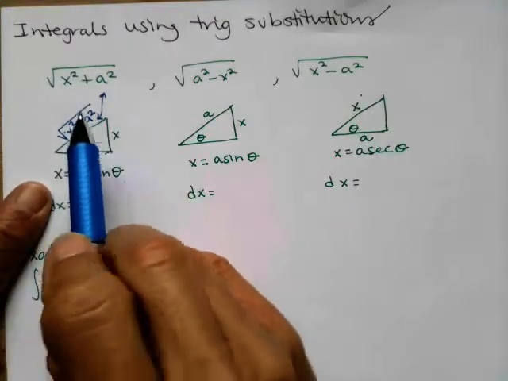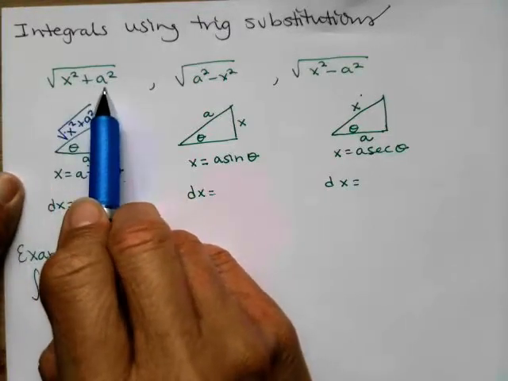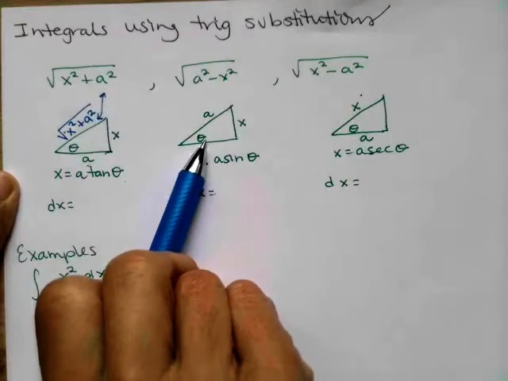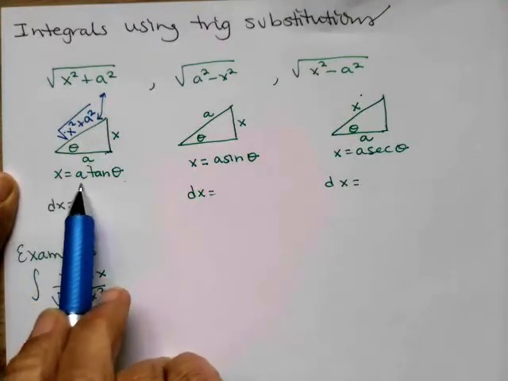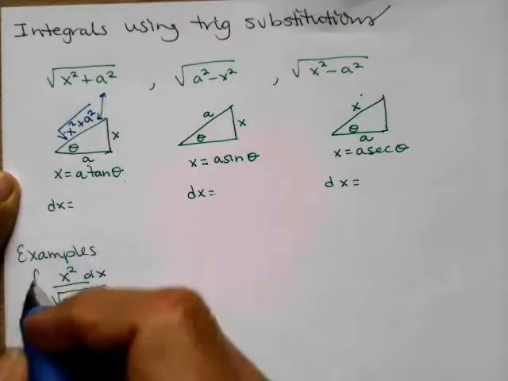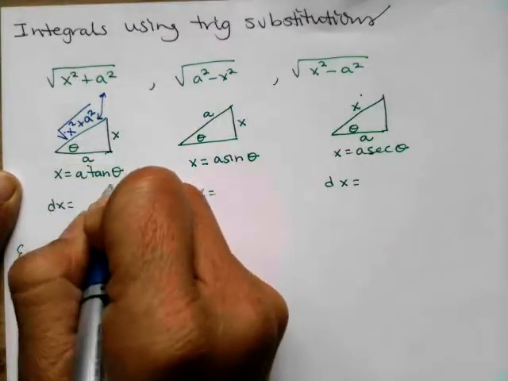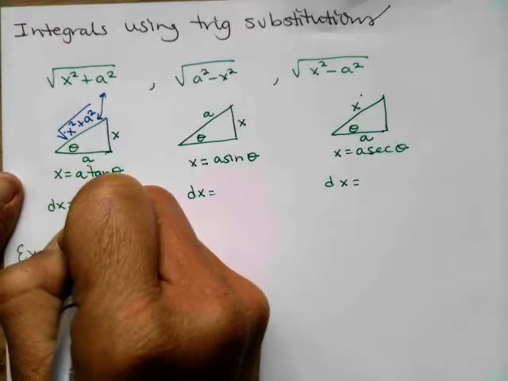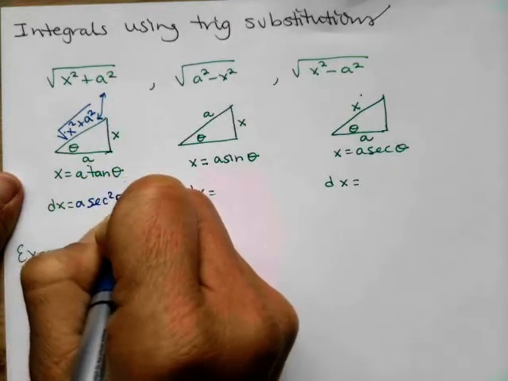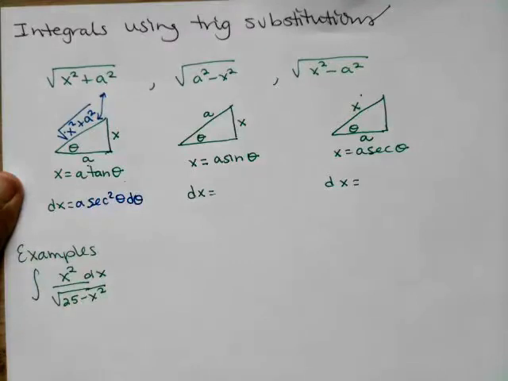Okay, so back here, if we see x squared plus a squared and we don't have something else nicer, we say, okay, well, let's try a trig sub. So x equals a tan theta, and then dx, we take the derivative of x here, so that would be a secant squared theta d theta. We'll make all of that substitution, and then we'll just hope that something turns out nicely.